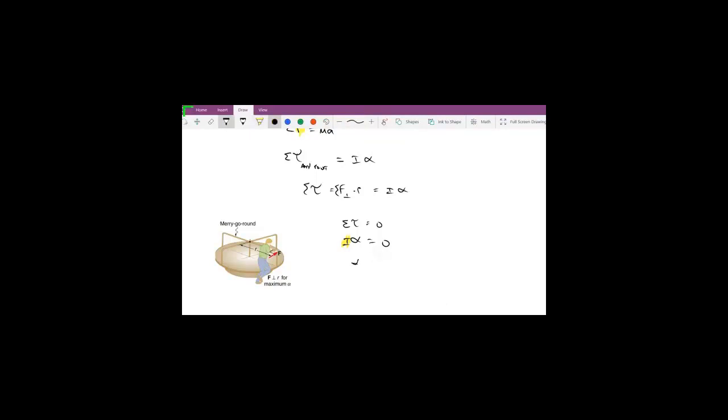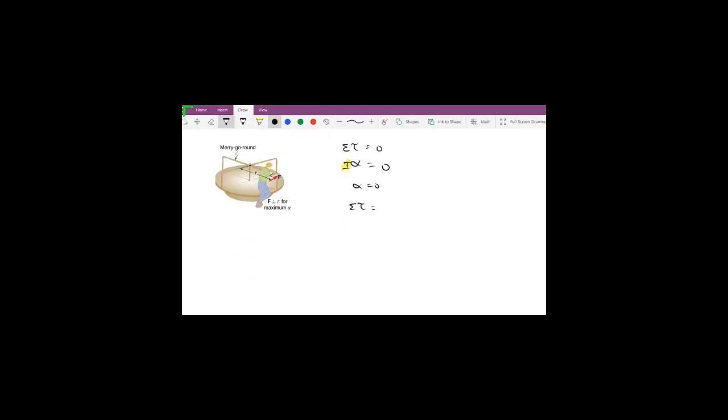So same definition that we had previously with linear quantities. If the sum of the torques is equal to 0, this means that our rotational acceleration is equal to 0, and we have rotational equilibrium.